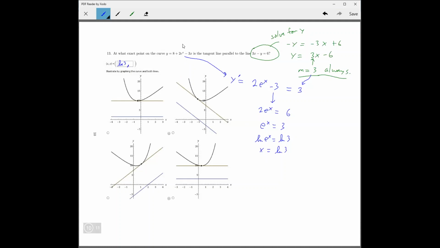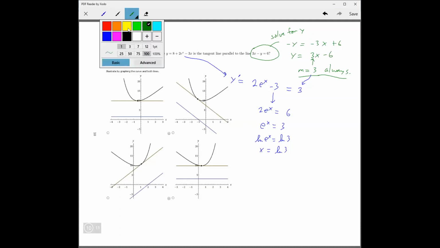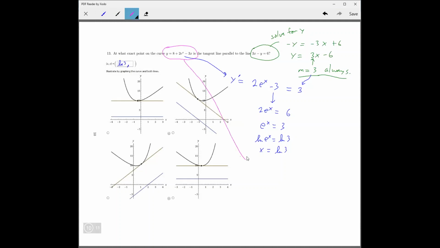Okay, and then to get the y value, you have to plug it into the original one. So 8 plus 2e to the, so this x gets replaced with a log 3, and this x also gets replaced with a log 3.